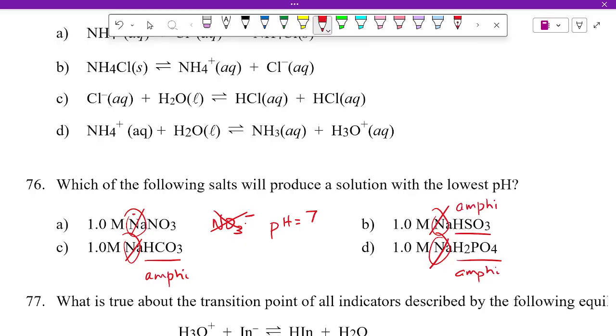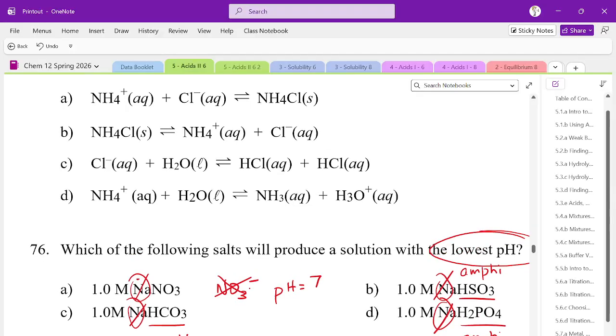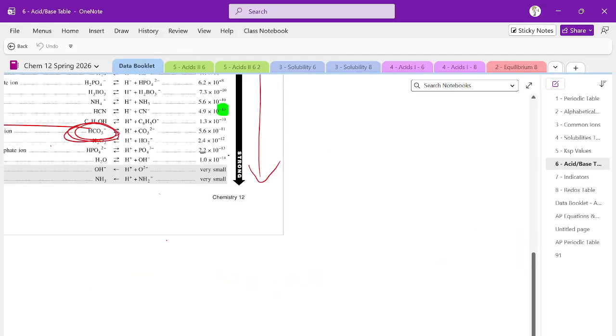So let's take a look on our data booklet for all of those and their strength as an acid, because we're looking for the one that has the lowest pH, the most acidic. HCO3, HSO3, and H2PO4. I'm guessing it's HSO3, but let's check.